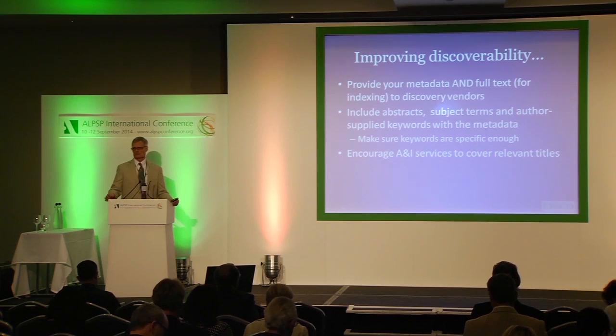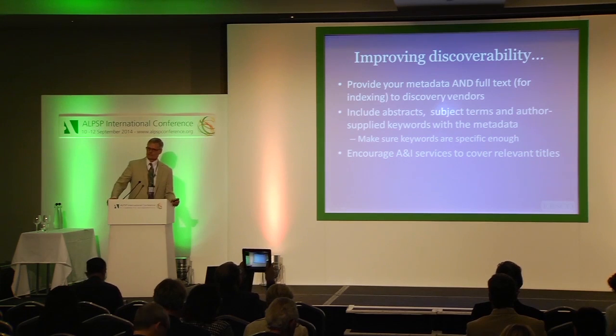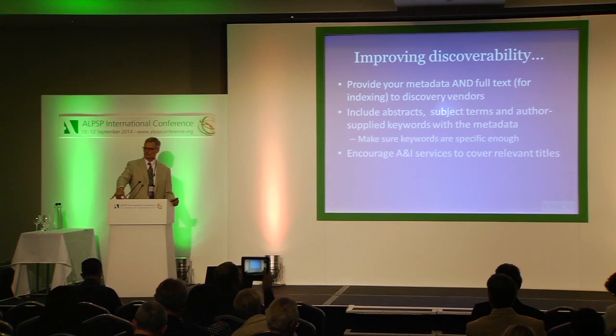It shouldn't be that somebody in marketing puts together a title list once every 6 months and updates things. Include the abstracts, include the subject terms, include the author keywords, include all the additional data that you might think might help that article be found.